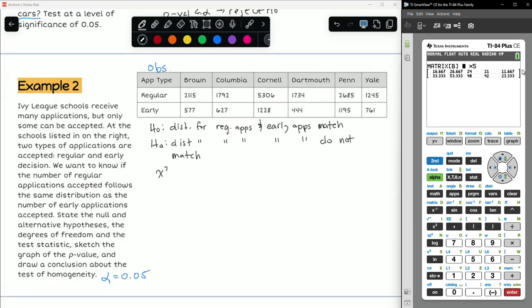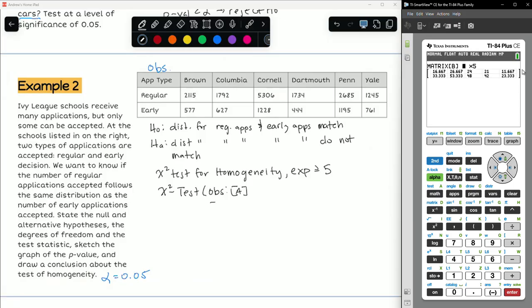We are doing a chi-squared test for homogeneity. And we know the check is we want all expected values to be greater than or equal to 5, which we'll do after we run the test in our calculator. On the calculator, we call the chi-squared test function. It's going to ask, where is the observed?